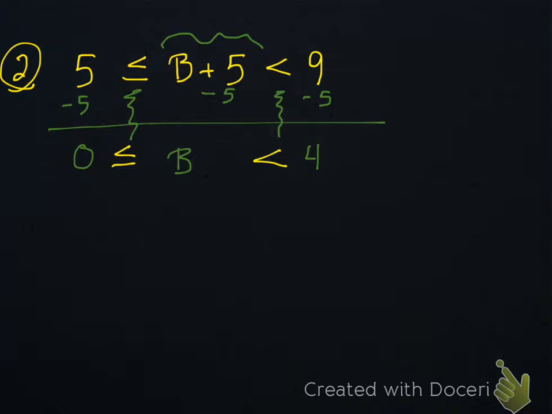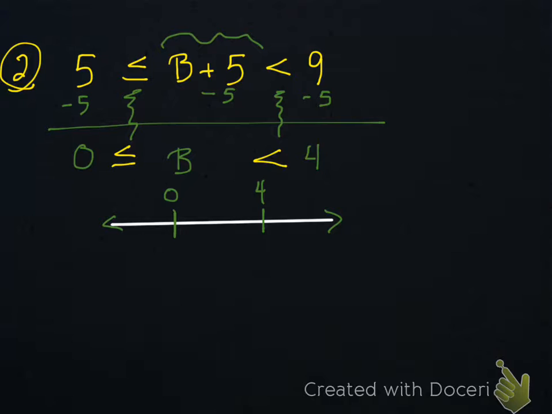Now this one, some people think is a little bit easier to graph, simply because the values are sandwiched in between the 0 and the 4. The b is in between 0 and 4, so my values are between 0 and 4. So I have my 0 and 4 tick marks on my number line.